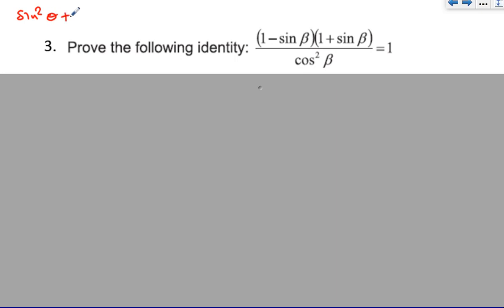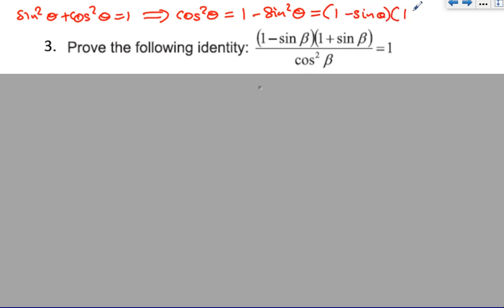Sine squared theta plus cos squared theta is equal to 1 also implies that cos squared theta is equal to 1 minus sine squared theta. Now this is a perfect square, so this is 1 minus sine theta into 1 plus sine theta. So this is a useful fact.